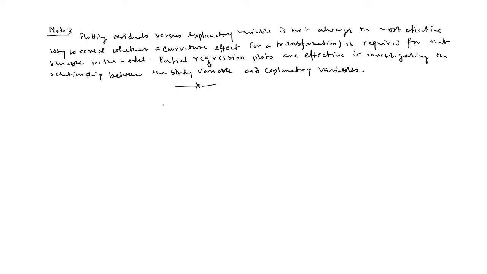So we will continue this topic, checking of adequacy of the model. We start with the partial regression plot and then go one by one through the other portions of this topic.